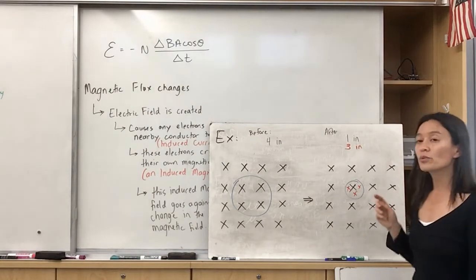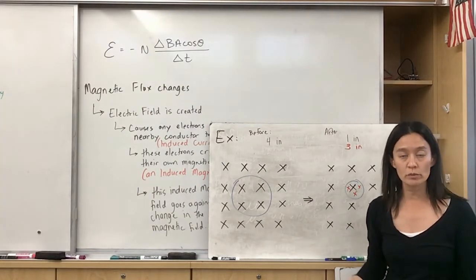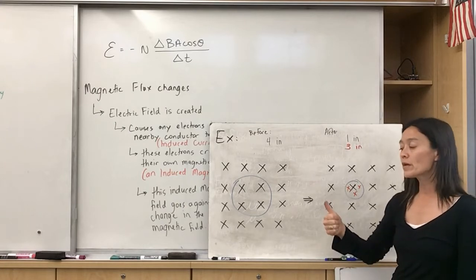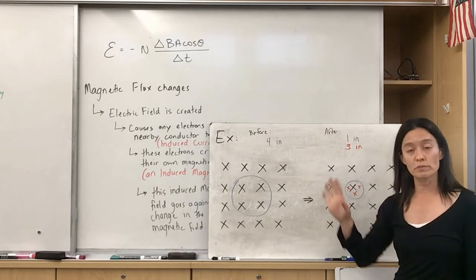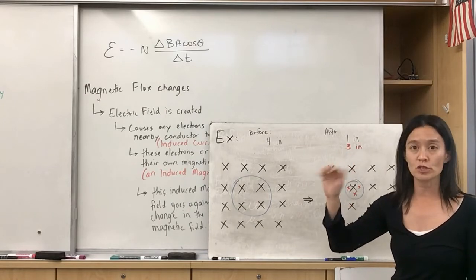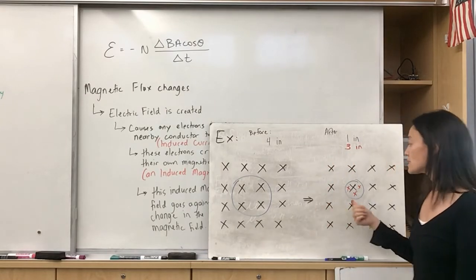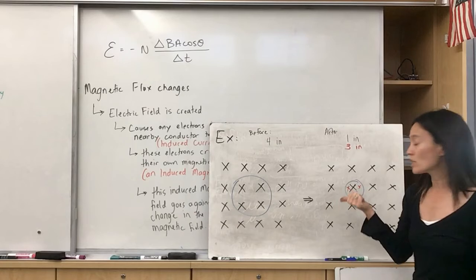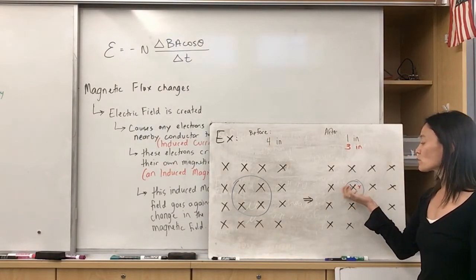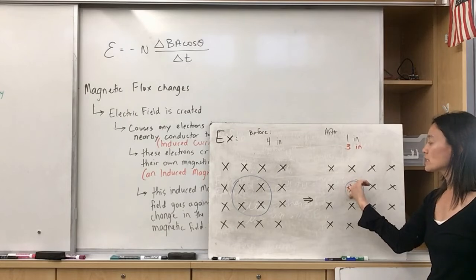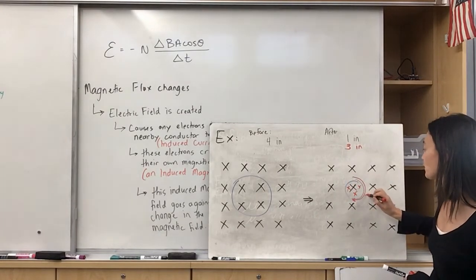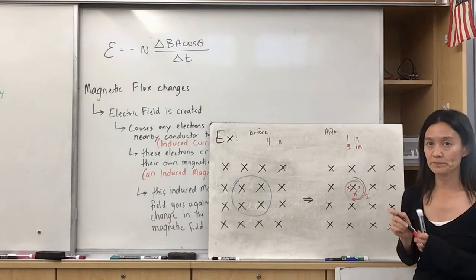Well, if I'm going to create 3 field lines going in, right-hand rule number 1 is going to show me the direction of the current that creates those magnetic field lines. And so, again, right-hand rule number 1, you can do either your thumb is your current or your thumb is your magnetic field, and then your fingers are just going to be the opposite variable. So in this case, if my thumb is my magnetic field, my induced magnetic field is going in, then my current has to be clockwise to create those induced magnetic field lines, okay?